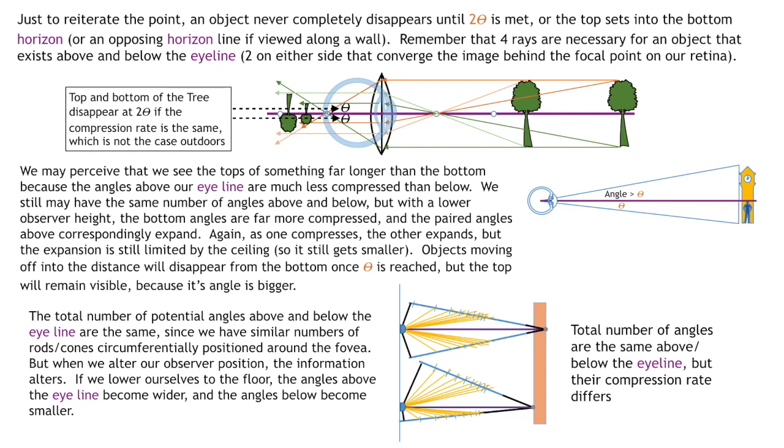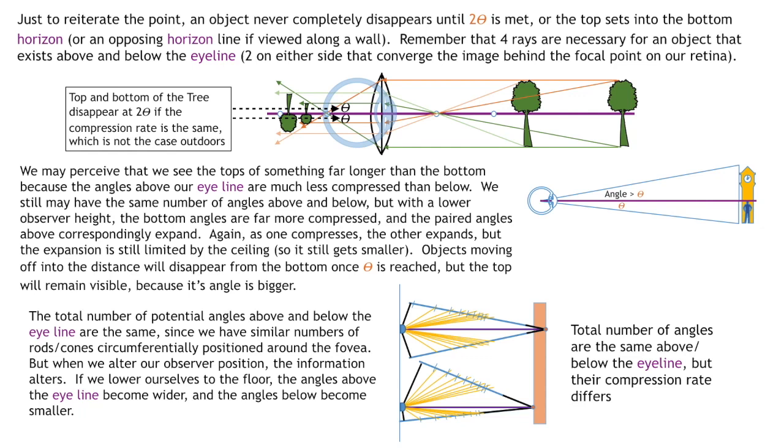If you're slightly closer to the floor than you are to the ceiling, then theta is met along the lower aspect of the eye line sooner than it is above. Likewise, if you are closer to the ceiling than to the floor, theta is going to be met along the ceiling a lot quicker, and the object will disappear along the top.